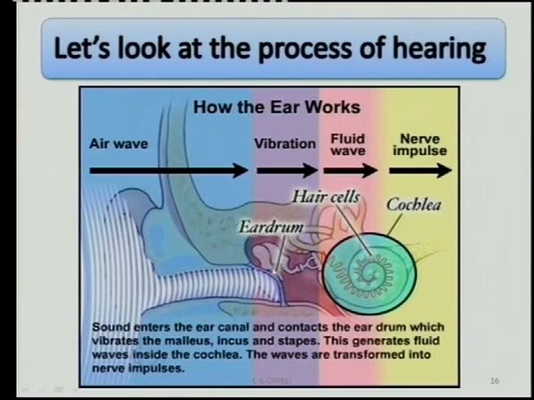Then the eardrum starts vibrating, and you see the air wave is turned into vibration. And then it goes through the three ossicles, through the oval window, and enters the cochlea and the fluid. So the vibration is then converted into a fluid wave, and then after it has gone through the auditory nerve, it is turned into a nerve impulse.